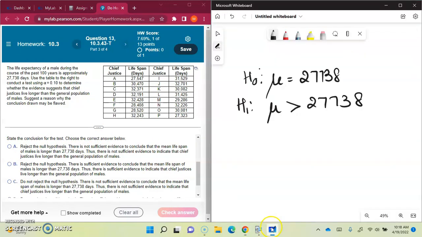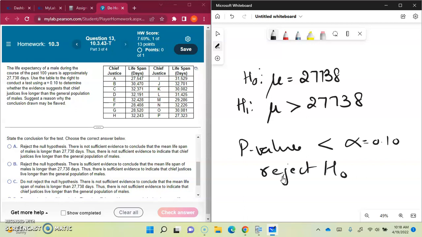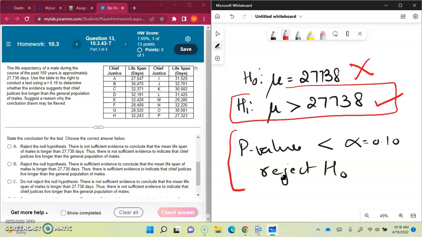Now what's the conclusion? You see the p-value is almost 0, so clearly less than alpha, which is 0.10. That means the result is reject H naught, right? So if p-value is less than alpha, we reject H naught. That means we are accepting the alternate hypothesis, meaning there is sufficient evidence that the lifespan is more than this number of days, right?